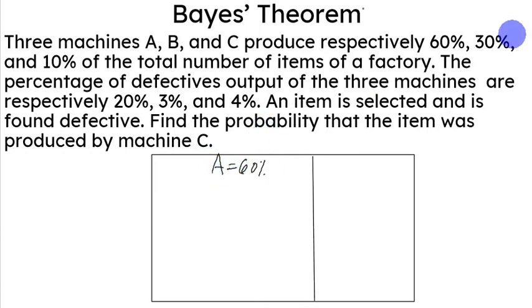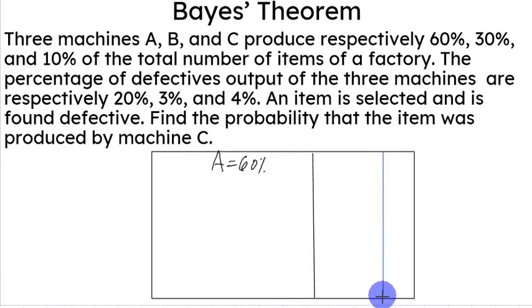Then for B, it's 30%. So we are going to have it here, to represent our B, which is 30%, leaving C 10%.